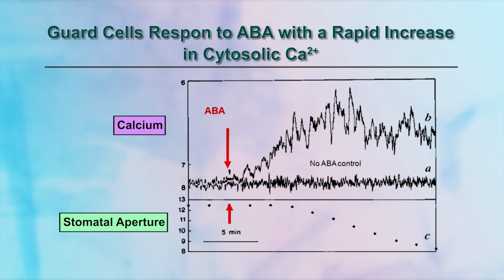Now, this pattern of increase is exactly parallel to the closure of the stomatal aperture, indicating that calcium ions may play a role in controlling the movement of the ions and controlling the activity of the proton pump, resulting in the membrane polarization or depolarization, which ultimately controls the osmotic pressure as well as the stomatal water content, ultimately leading to either stomatal pore opening or stomatal pore closure.